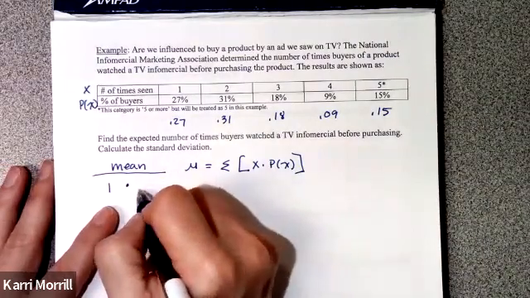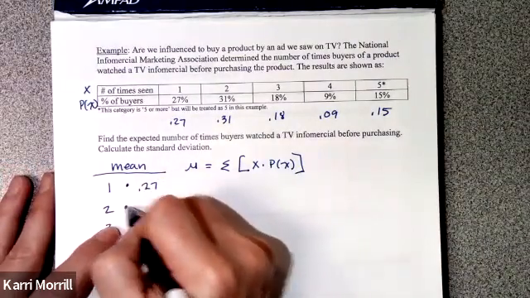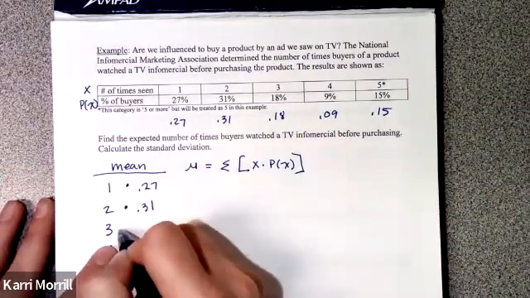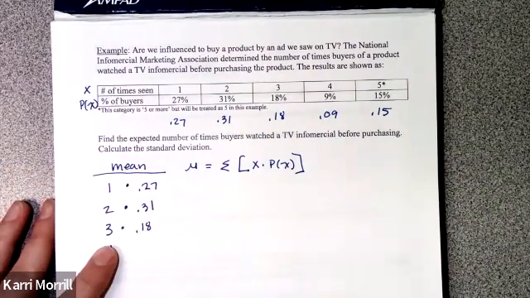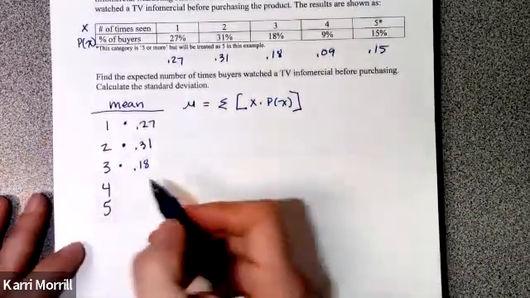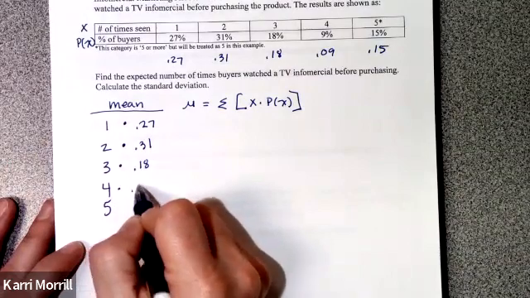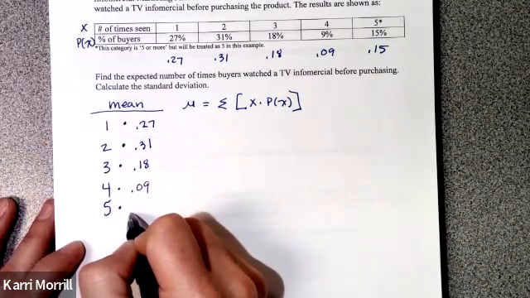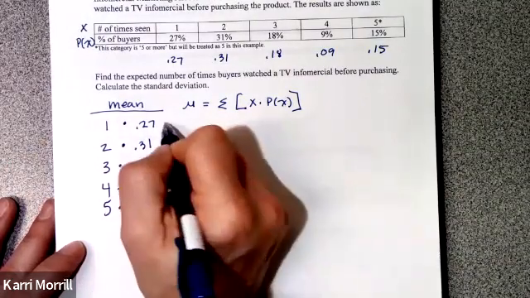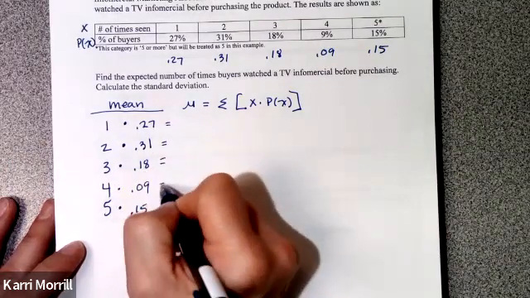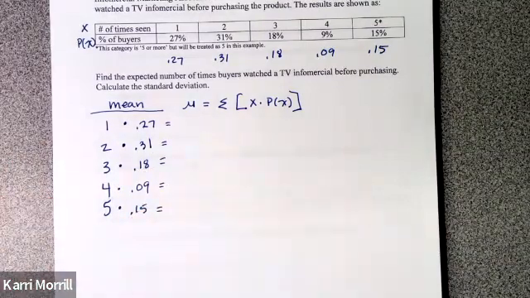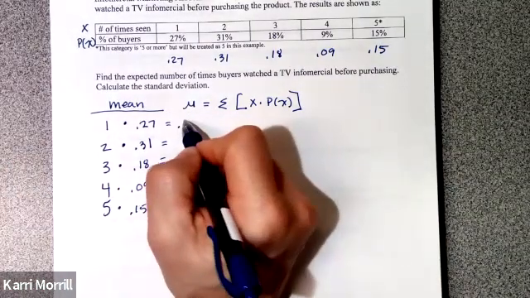So we're taking 1 times 0.27, 2 times 0.31, 3 times 0.18, and then 4 times 0.09 and 5 times 0.15. I haven't done this problem before today, so I will be doing a little calculator work.